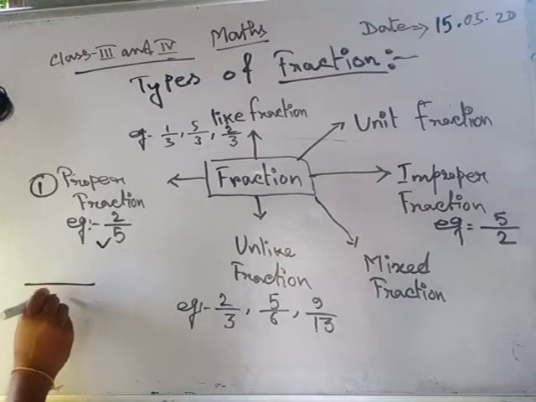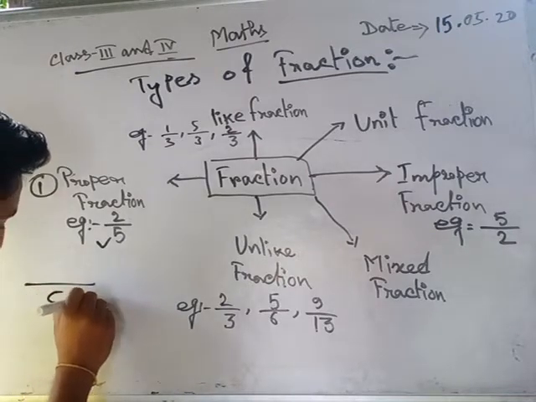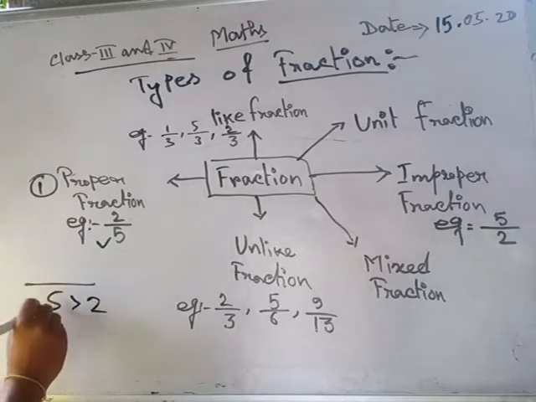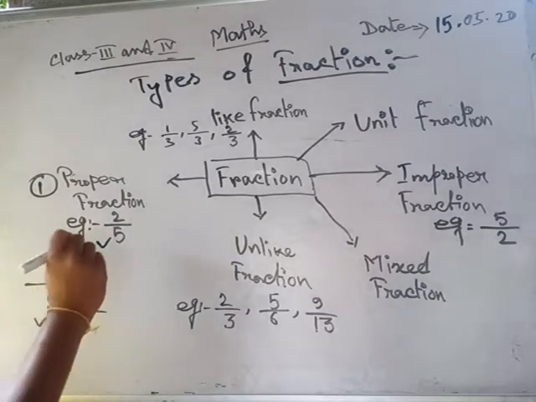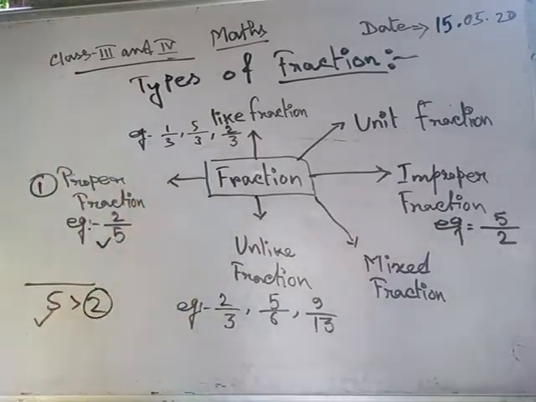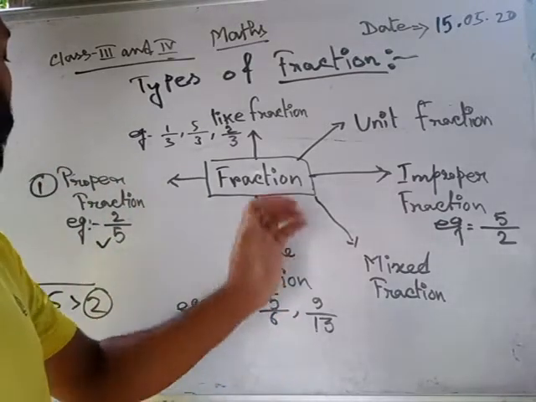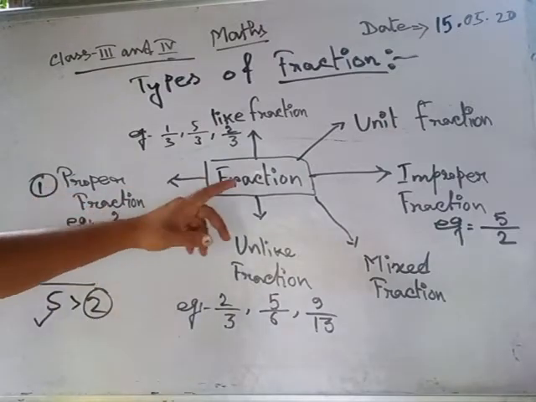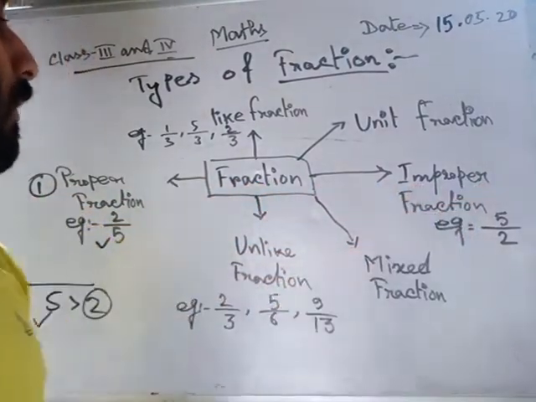That means 5 is greater than 2. If the denominator is greater than the numerator, it is called a proper fraction. If it goes oppositely, it will be changed into an improper fraction.